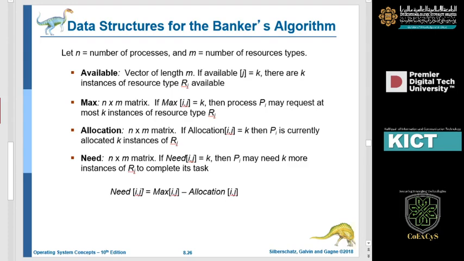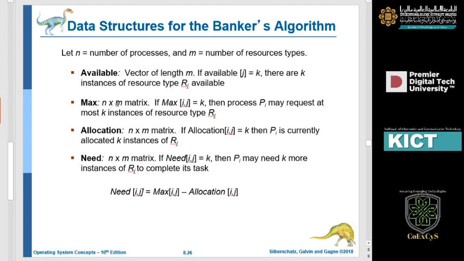So now, let's look at this algorithm more closely. We have a notation j here, which indicates which instances of a particular type are available.